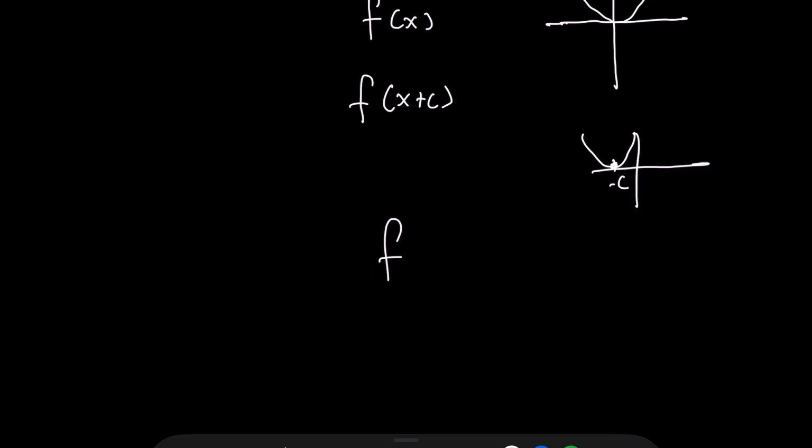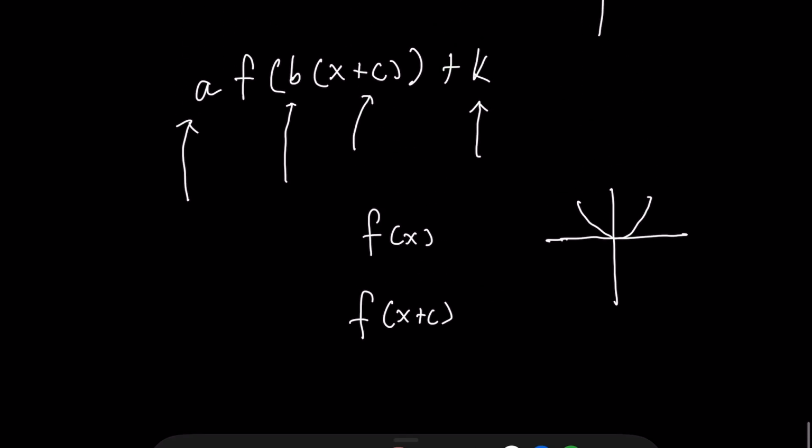If you were to have f of x plus k, that would shift up the graph by k. And then a and b are just going to either make the graph like this or wider.